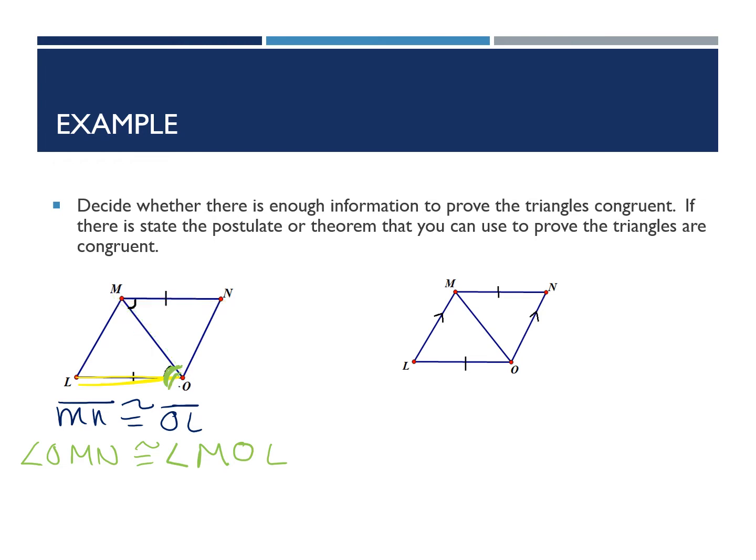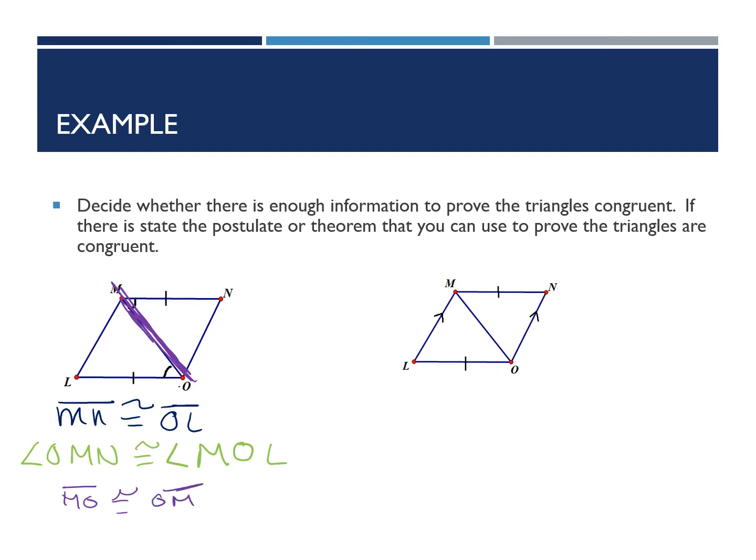Okay, now it looks like I don't have anything else, but we talked about in earlier chapters the reflexive property, and you all were like, that doesn't make sense. Why do we have to know what that is? Well, now we know what that is. We can use it in proofs. So we say that MO is congruent to OM by the reflexive property.